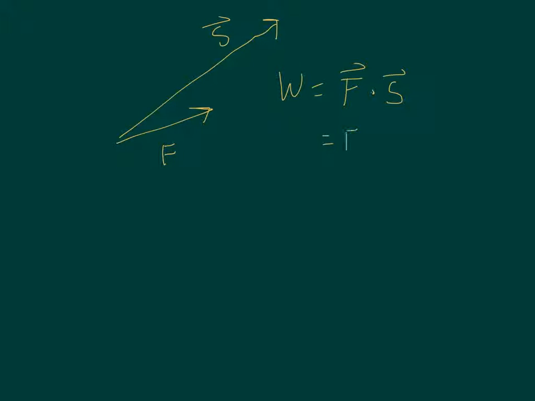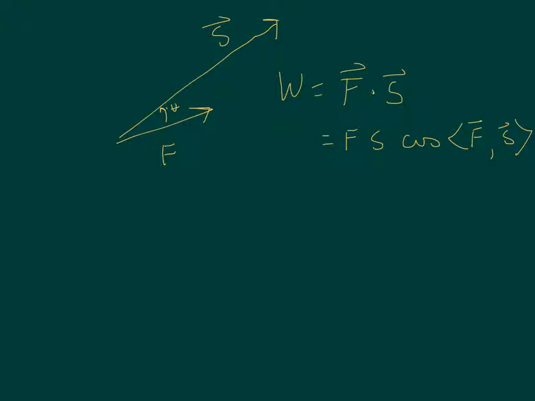But what happens if the direction of the force is arbitrary and the direction of S is arbitrary? So this would be our displacement S, and this would be F. The work is equal to the vector F dotted into the displacement S, which means take F, multiply by S, multiply by the cosine of the angle between F and S. Here is the angle theta.